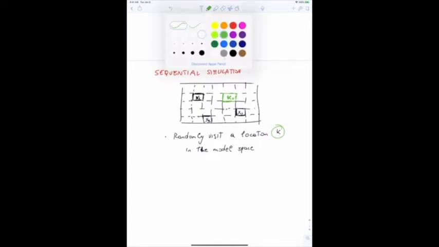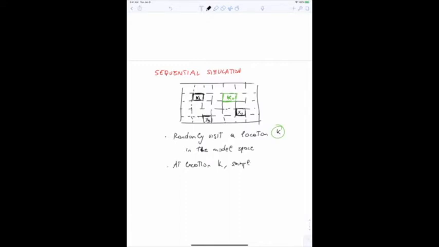Now at location K, we draw a value from a PDF of the property of interest. And we will have to discuss how we determine, define this PDF.